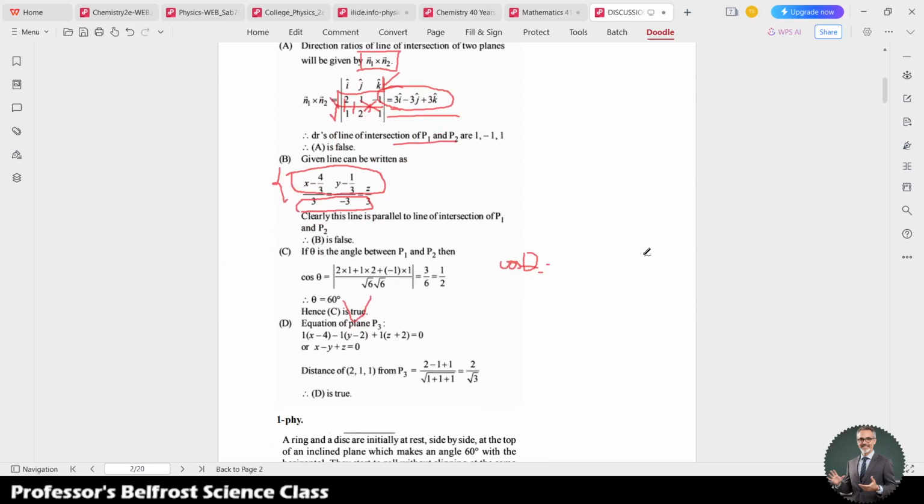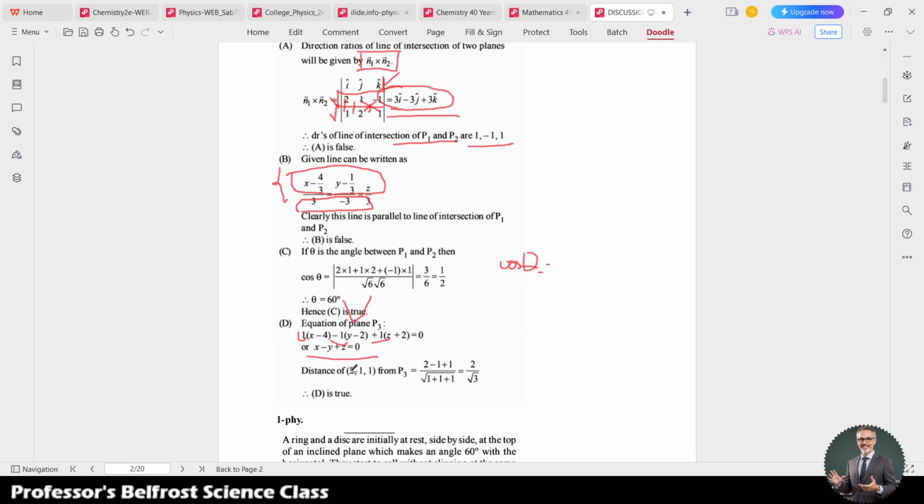You can easily find the equation of plane P3 because you know the ratio of the line of intersection is 1 by minus 1, 1, and the plane is perpendicular, so it has the same ratio. You just need x minus x1, y minus y1, z minus z1, and you get the plane equation x minus y plus z equals 0. The distance of (2, 1, 1) from P3 is also straightforward.